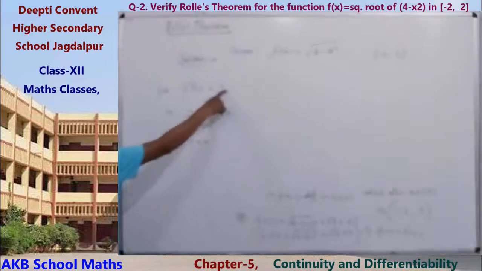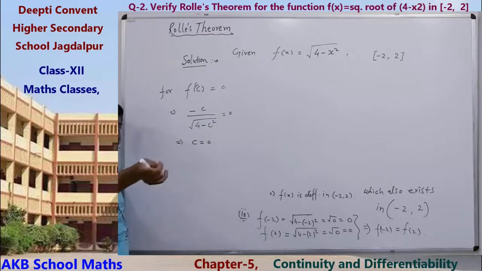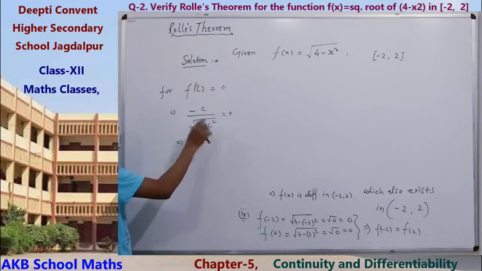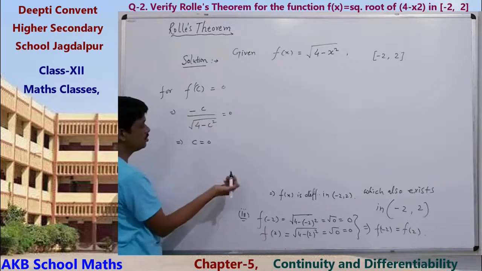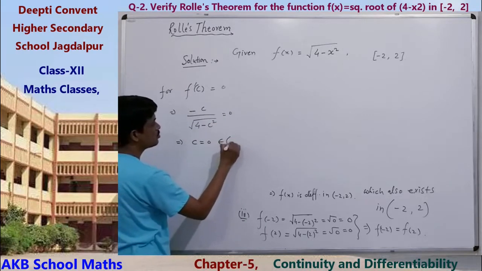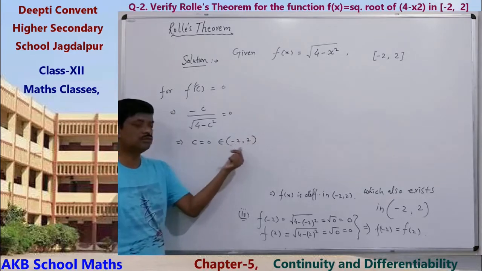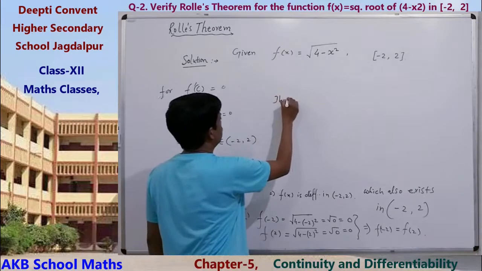F dash c equals to 0. F dash c means minus x by root 4 minus x square. So c in place of x: minus c upon root 4 minus c square equals to 0. So multiplying, c equals to 0. C equals to 0 which belongs to minus 2 to 2, 0 is in the middle of the interval.